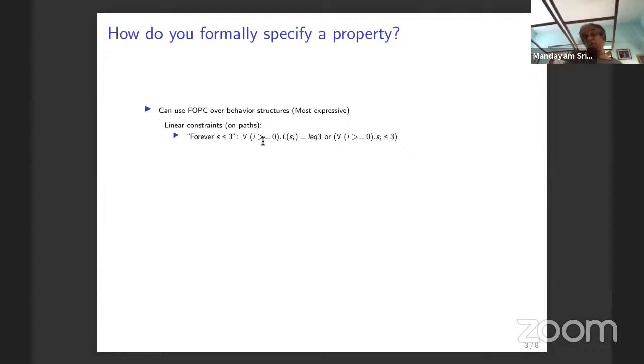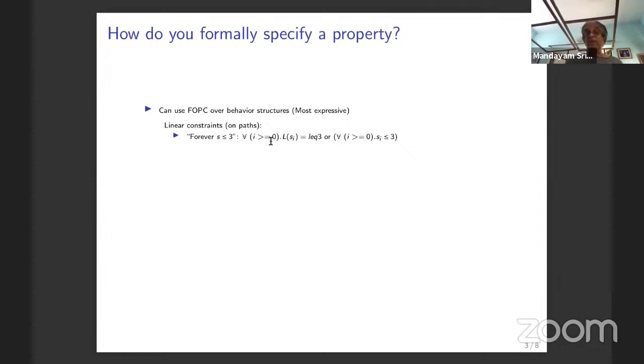I'm just using first order predicate calculus, which is a very powerful language. Any path satisfying this constraint is included in the set of acceptable behaviors. What does this say? For every i, where i is the index, an infinite trace is a sequence of states that have certain labels. So I am using i as an index to a position in the trace, and I'm specifying these constraints.